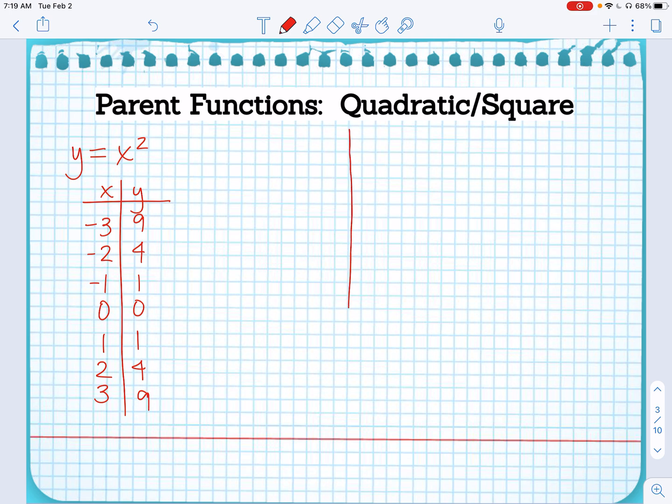And so when you graph the parent function for a quadratic, I'm just going to count up so I have a gauge. -3 goes up to 9, -2 goes up to 4, -1 to 1, 0 to 0, 1 to 1, 2 to 4, and 3 to 9.